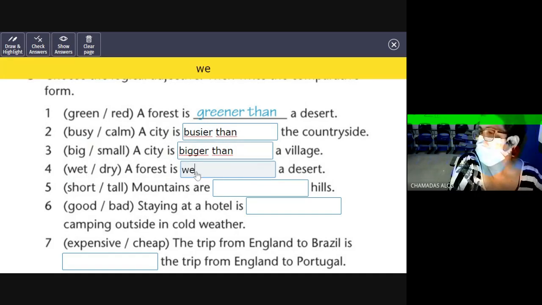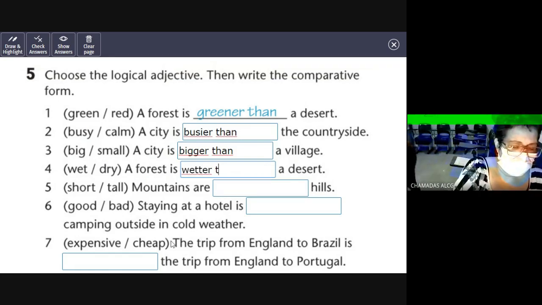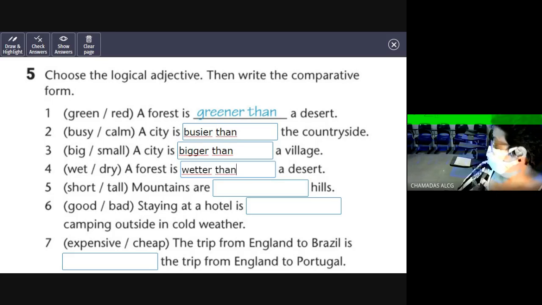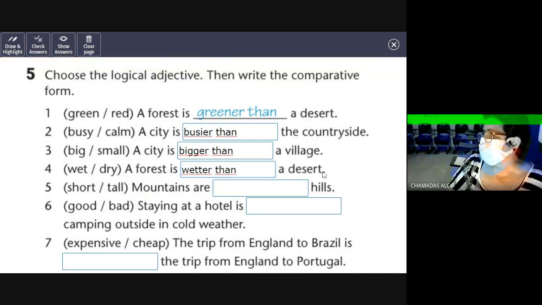So I remembered wet because of a little sign that says, the floor is wet. Okay, no problem. That's okay. Don't worry. So a forest is wetter than a desert.